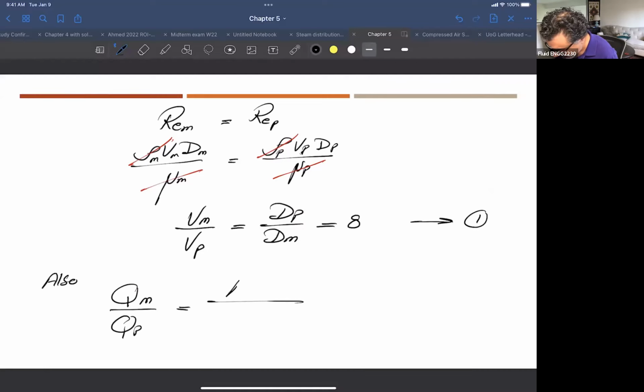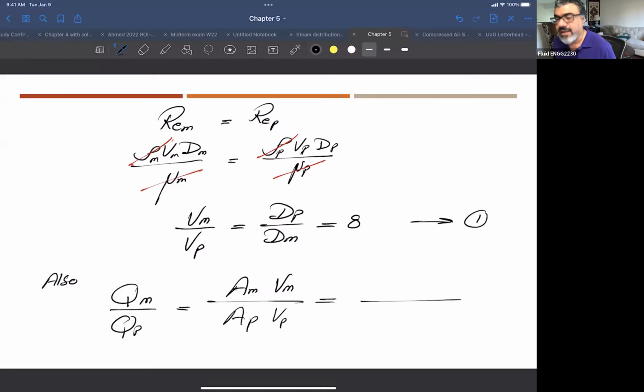Q model is area model times velocity of the model. Q prototype is area prototype times V prototype. Okay. Tell me, what is the area in the model and the area of the prototype? It has to be related to what? Q is not rho A V, right? Q is only area times velocity.